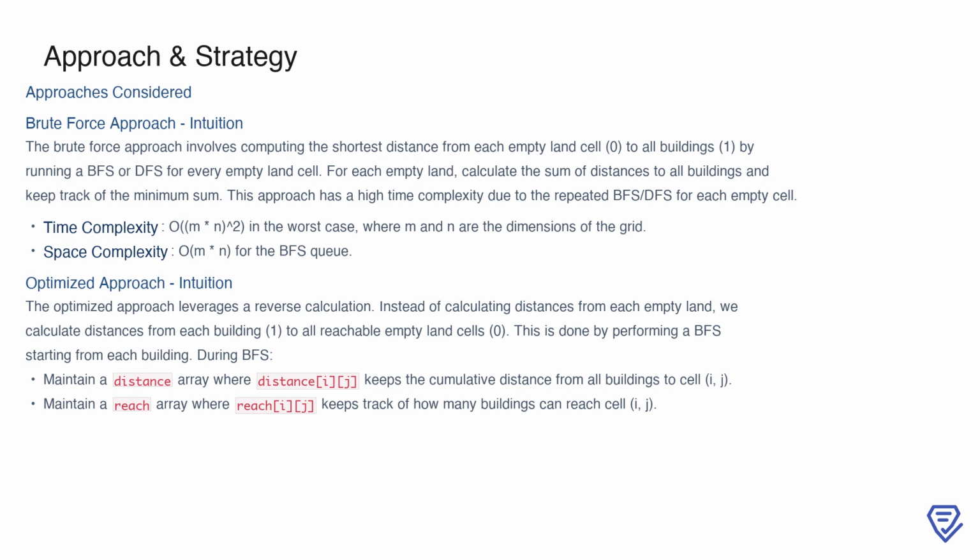Specifically, in the worst case, we could end up with a time complexity of O((m*n)^2), where m and n represent the dimensions of the grid. Additionally, the space complexity is O(m*n), which accounts for the queue used in BFS. While simple, this method becomes impractical for larger grids due to the sheer number of redundant computations.